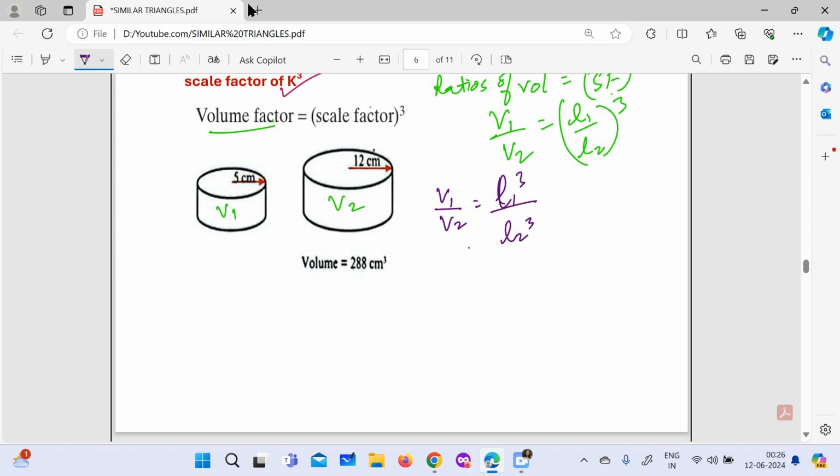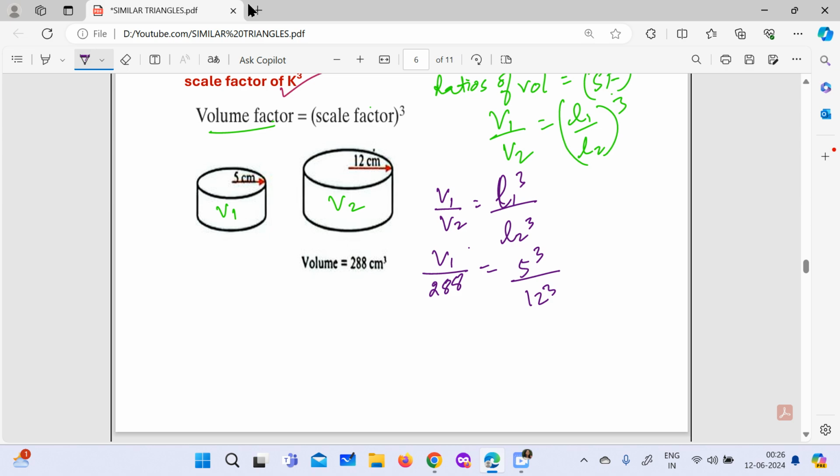V1 we don't know, so let it be V1 only, and V2 we know, that is 288, which is equal to L1. So this one will be 5 cubed upon this one will be 12 cubed. Right? So writing these values properly is much more important than solving it. Once your values are in place, you can do anything then.